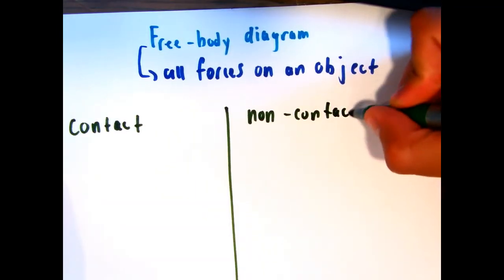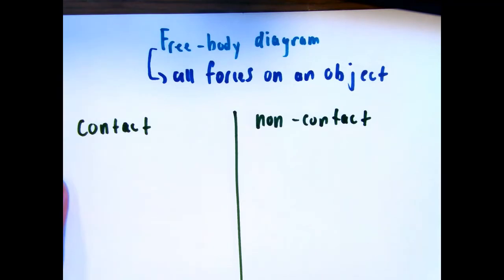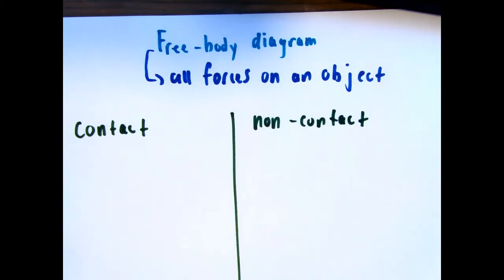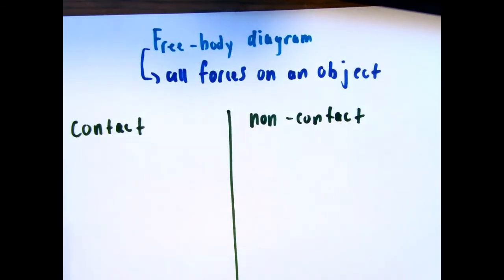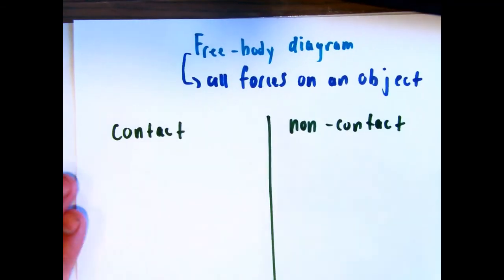Just how they sound, contact forces are forces that are touching something. Non-contact forces are forces where there's no physical touching between the objects. This one seems weird at first, right? But there are some forces that actually act that way. So let's go over some examples of these.